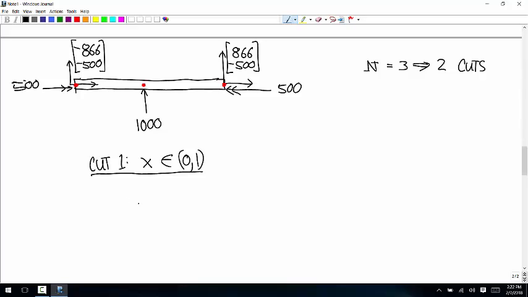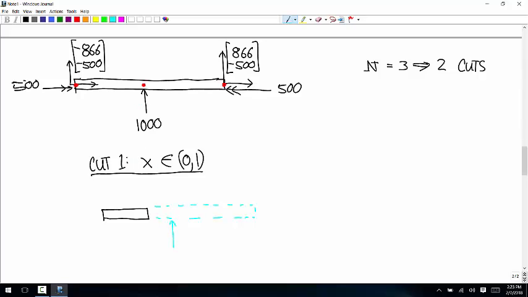All right, so there's the cut. And here's the rest of the beam. It's not included in our cut. So here's all the stuff that's happening that isn't showing up in our free body diagram.